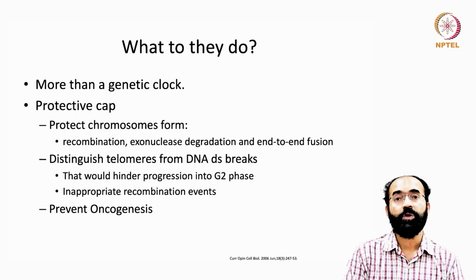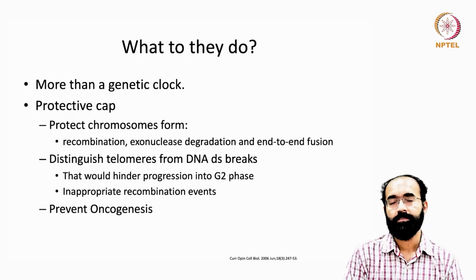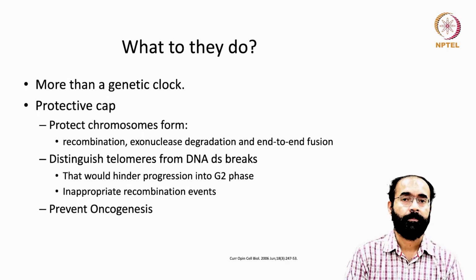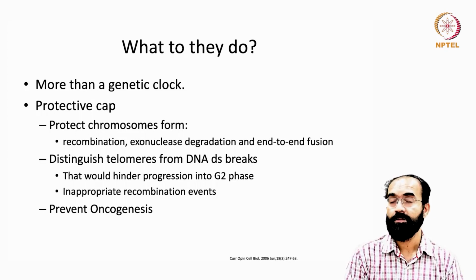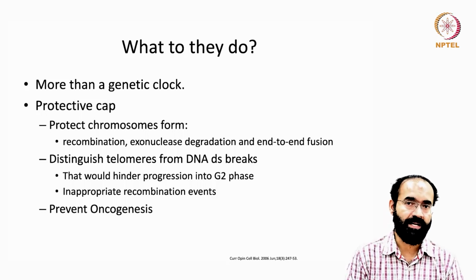So inappropriate recombination events also will be recognized, because telomere makes sure that no chromosomes can fuse with each other as long as they are present. But if a DNA is broken, that fragment has to integrate onto another chromosome's end. That will possibly happen if that receiving chromosome lacks the telomeric repeats.